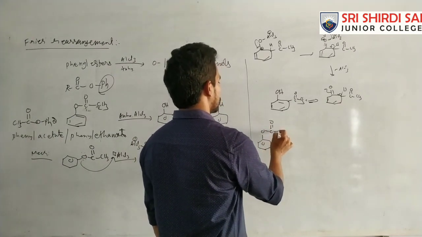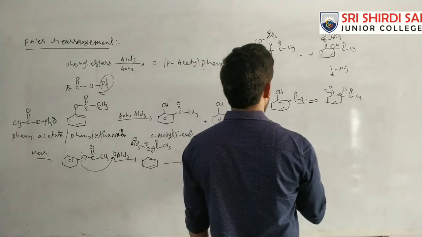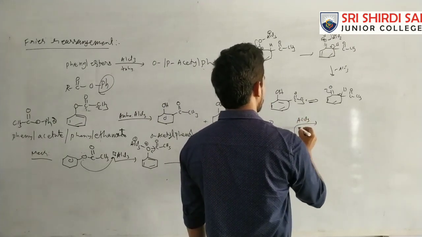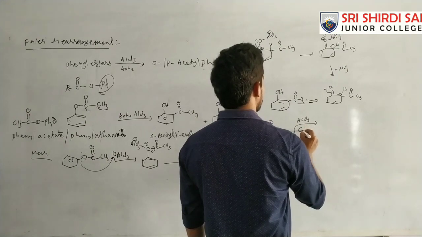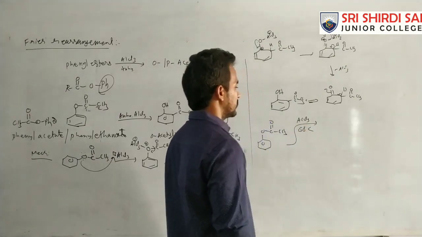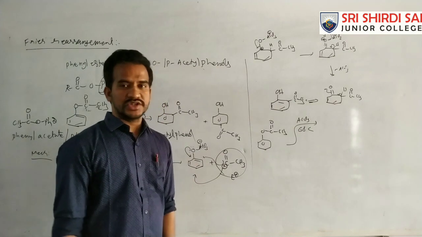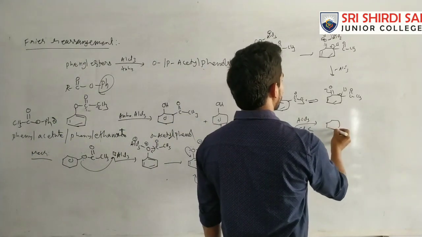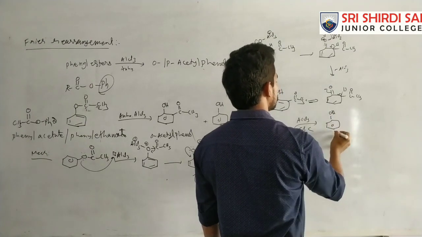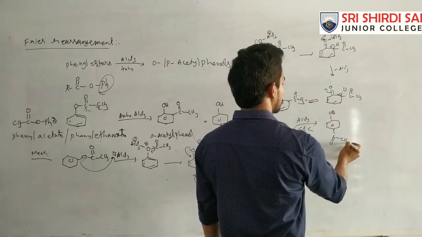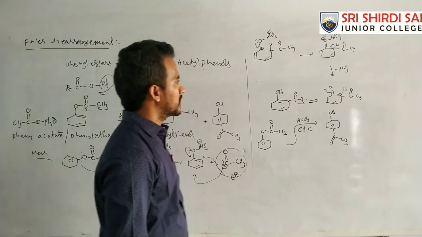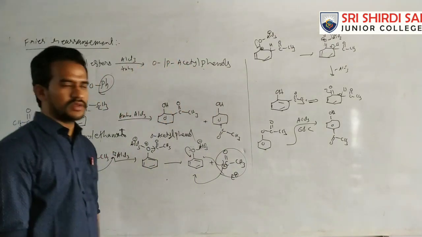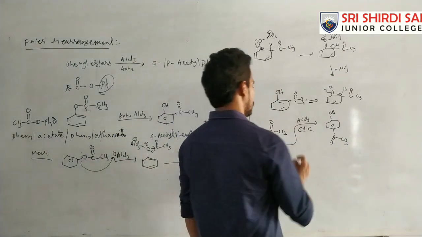Here, with AlCl3 at low temperature, below 60 degrees centigrade, para is the major product. Para is the major product because of the steric factor.